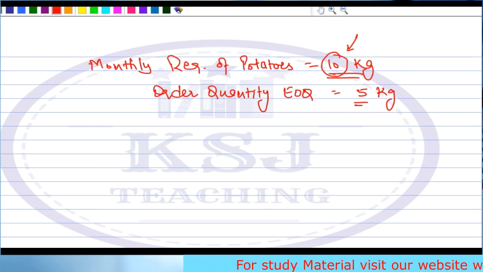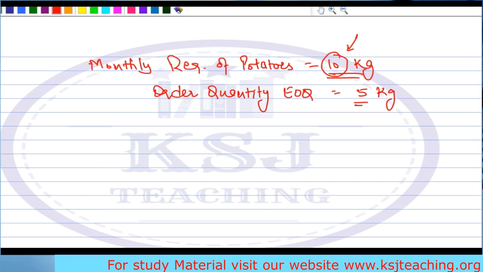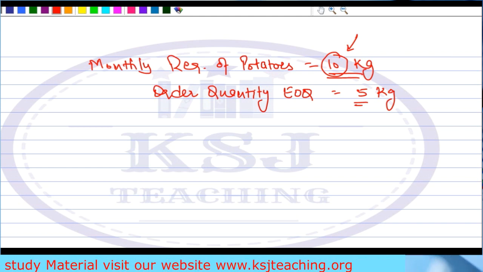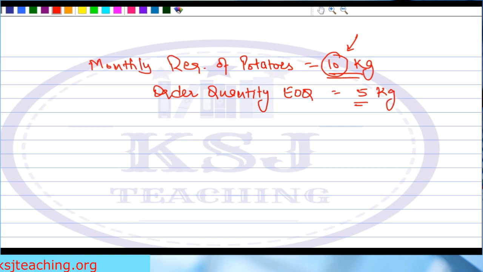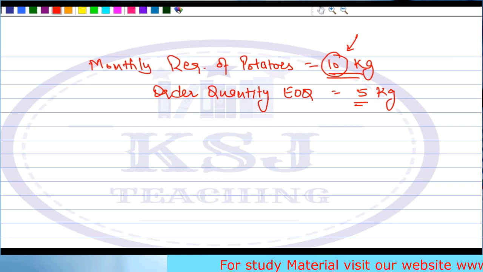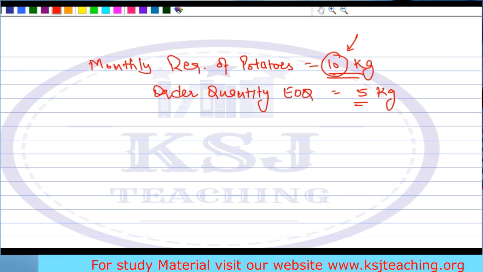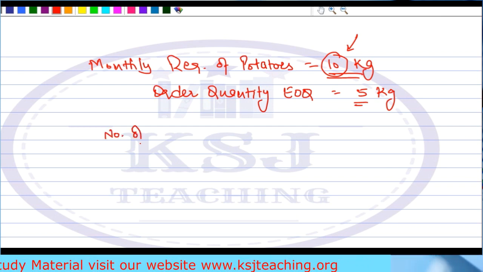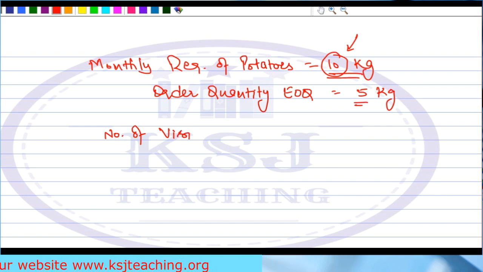Your total requirement is 10 kg, and in one visit your father will bring 5 kg of potatoes. So to meet the requirement of 10 kg, he will have to make two visits in a month. Now, how did you identify those two visits? That is my number of orders, or number of visits. How did you decide this?